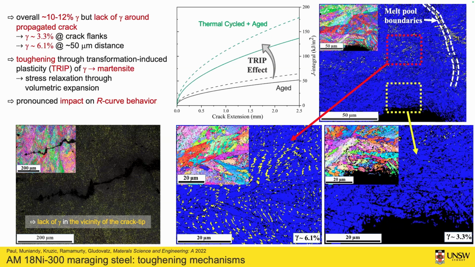So we get transformation of the retained austenite back into martensite. This is known as transformation-induced plasticity, and we think that this is the main reason why we get such an increase in fracture toughness for this material. Also, this material retains the mesostructure and has microstructural features that we can only get in additive manufactured materials.